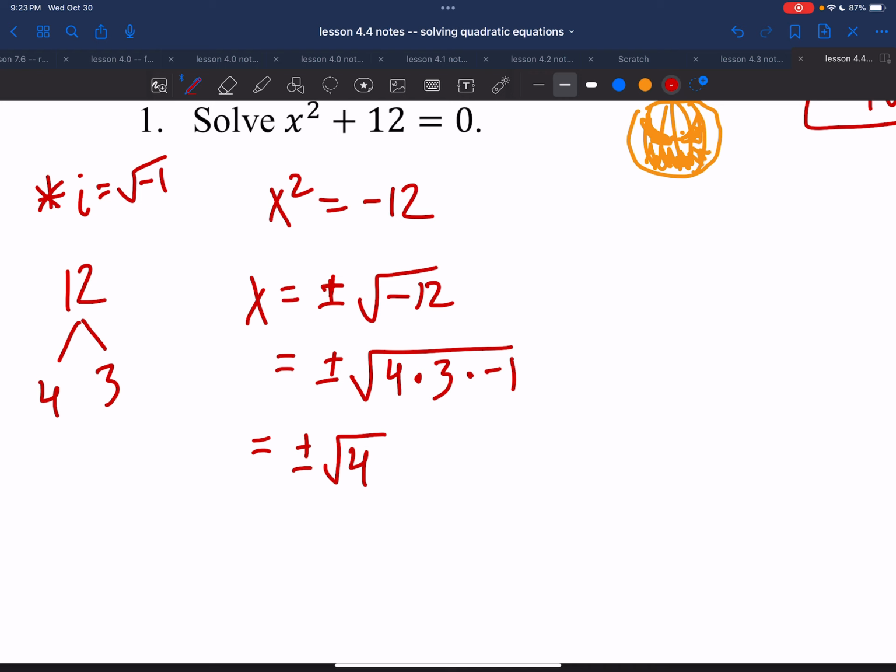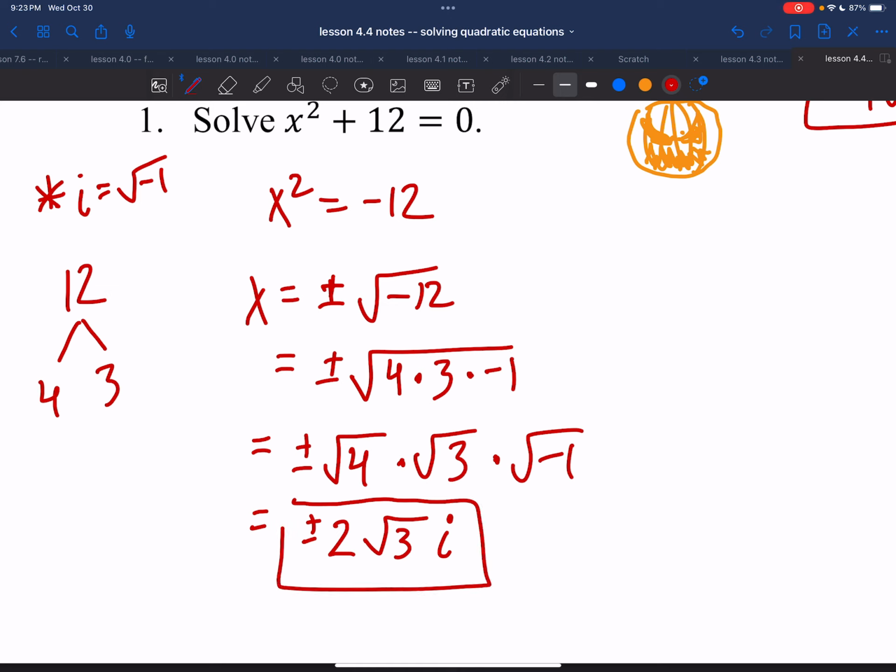Square root of 4, square root of 3, square root of negative 1. And here's the great thing. Square root of 4 is 2. Square root of 3 can't be simplified or reduced. And right here, we have the square root of negative 1. And I say, hey, that's what we mean by i, right? That is what we define as the imaginary unit, as noted right there.